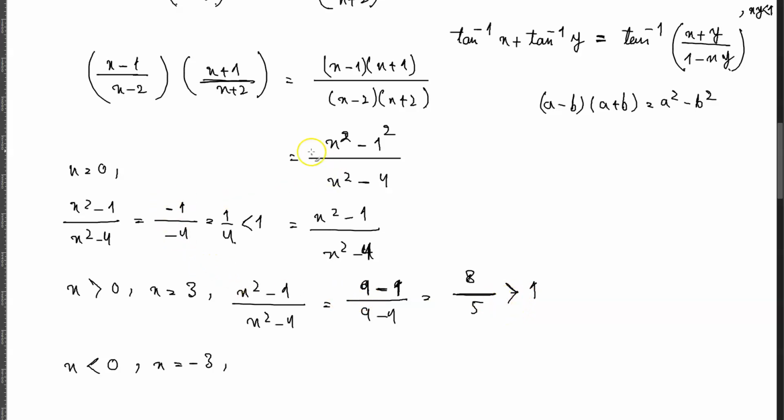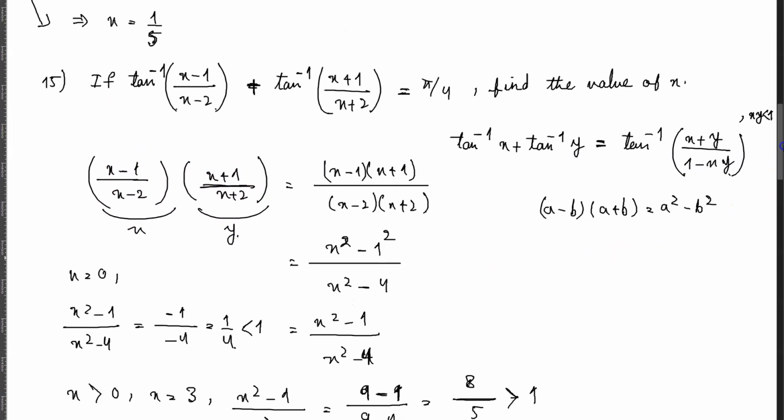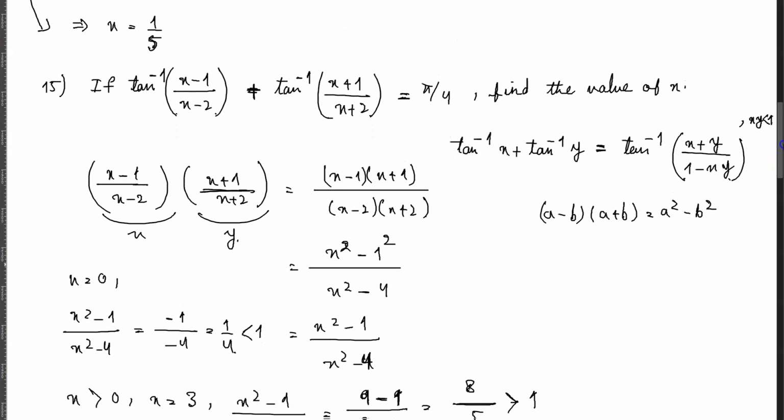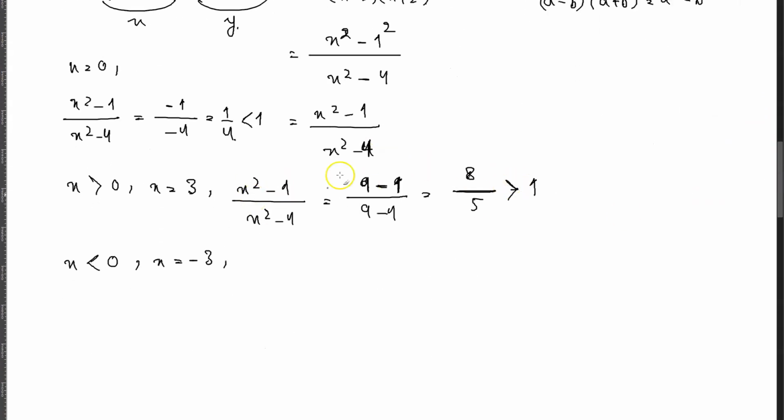That means that x times y, if I take this as x and this as y, is actually greater than 1. Over here again, x squared minus 1 over x squared minus 4 is greater than 1.